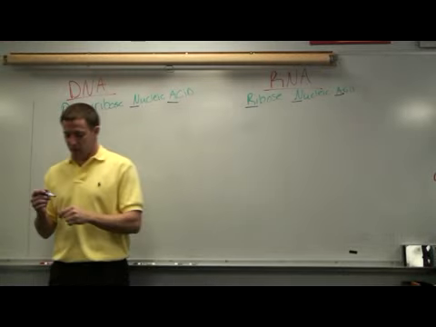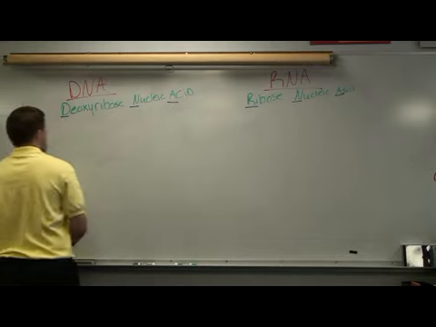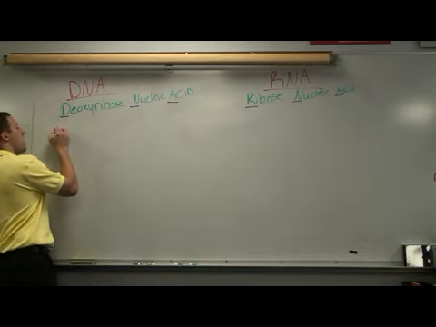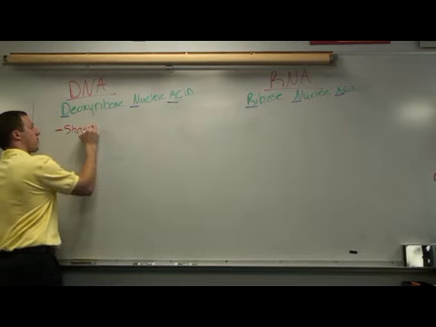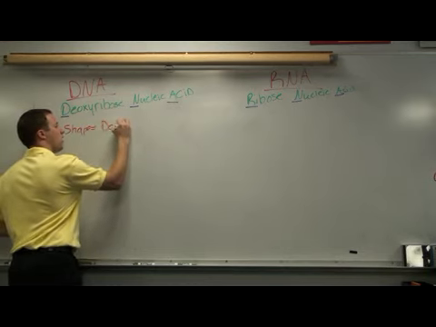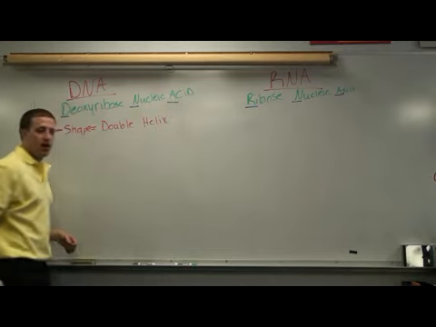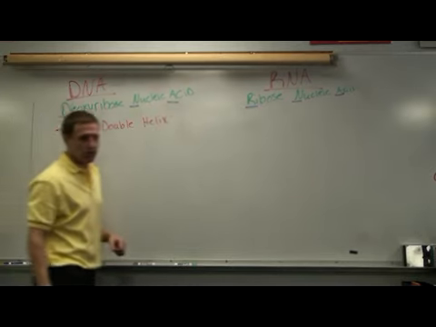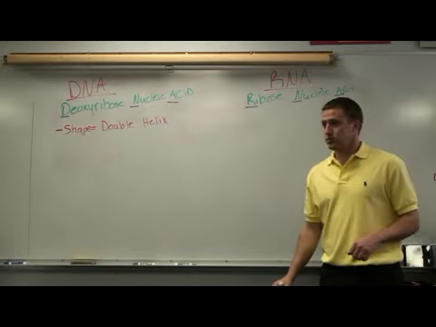Okay, so you see one difference there. That's one difference. Now, the shape. The shape is different. The shape equals a double helix. You all ever heard of that? You heard of the double helix before? Yeah? Good.